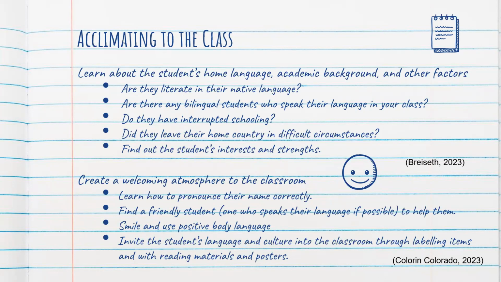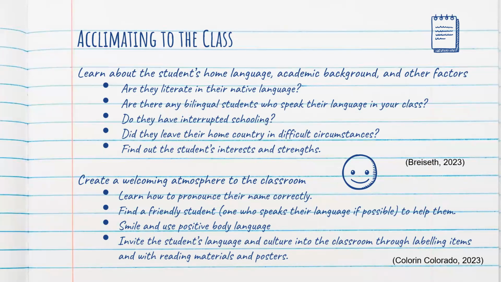If they have attended school in their native country and not had interrupted schooling, chances are that they are literate in their native language, and that makes things so much easier because you will be able to use translation tools because the student is able to read.